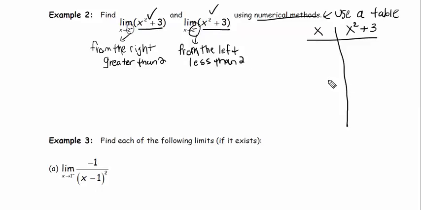So I want to substitute some numbers in that are really, really close to 2, but still less than 2 or still greater than 2.